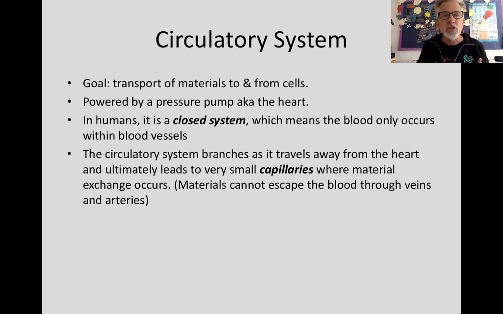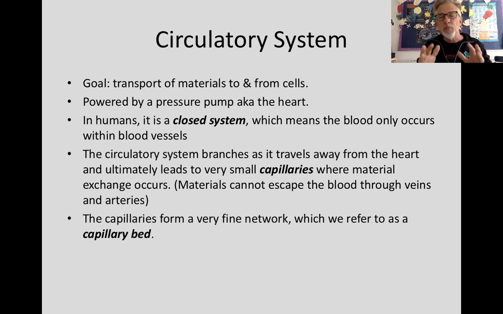The blood occurs only in these tube-like blood vessels. The circulatory system branches as it travels away from the heart and ultimately leads to very small capillaries through which material exchange occurs. The materials cannot escape the blood through veins and arteries earlier. They can only escape and be transported to cells at the capillaries.